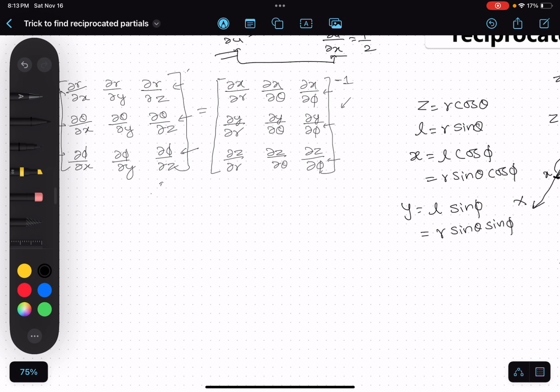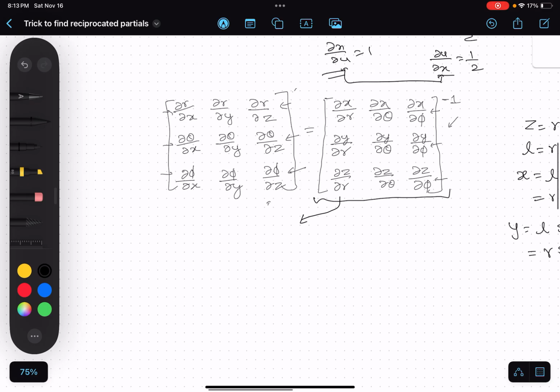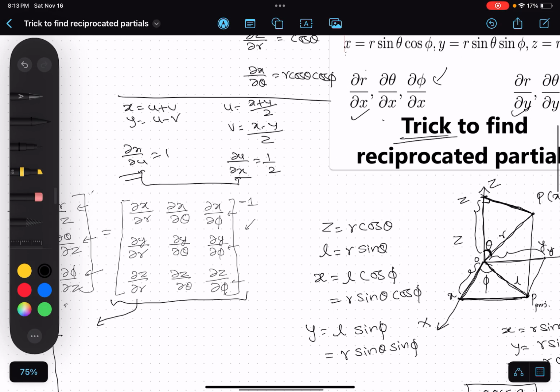I will just find its inverse over here, and then later on we will compare it with this matrix and find all the partials. So what is partial x by partial r?